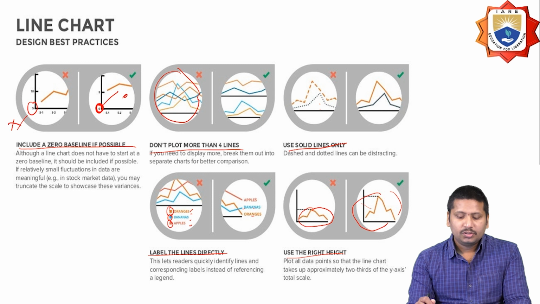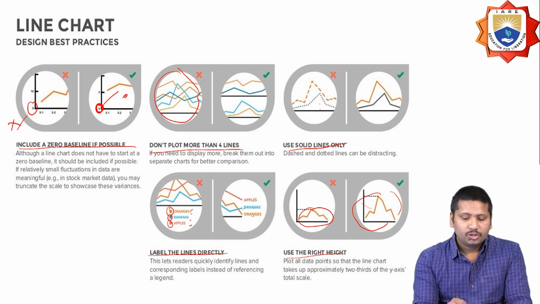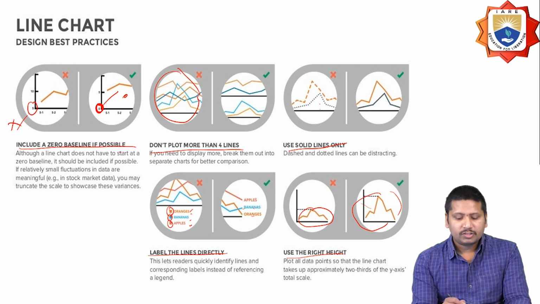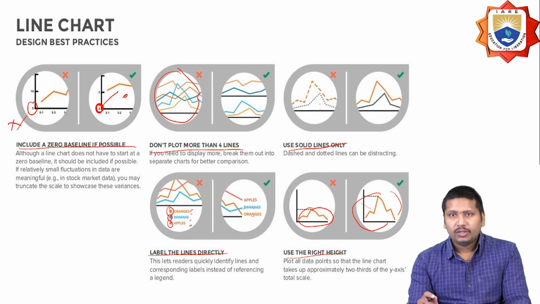Include zero at the base if possible so that the fluctuations are meaningful, and you may also truncate to show the base variations. Don't plot more than 4 lines. If we need to display more, then you have to separate the chart for better comparison.